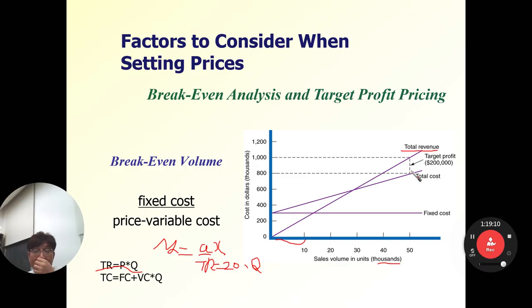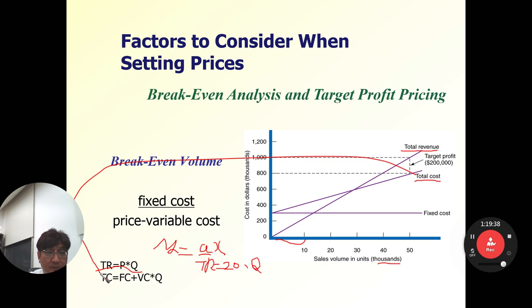Now, here's a little bit more difficult question. What is the value for the variable cost? Hey, come on, this is exactly what I'm going to ask in the final exam. So you have to know how to calculate that. The variable cost comes from the total cost line. How to write the total cost line?